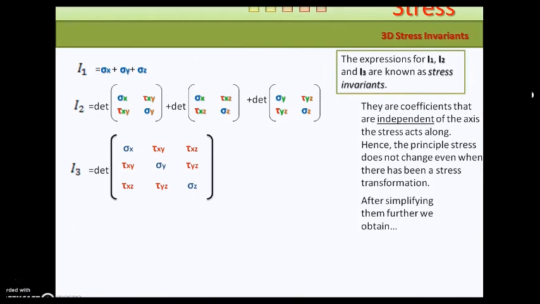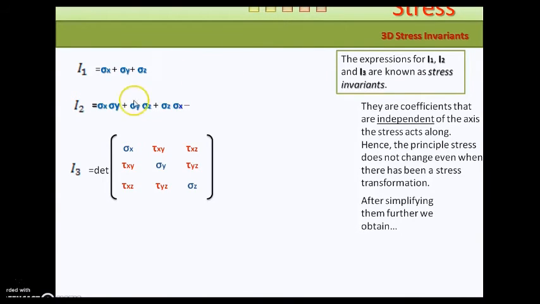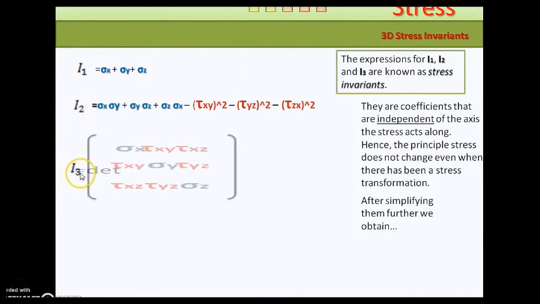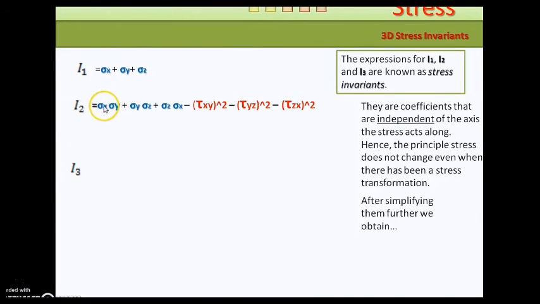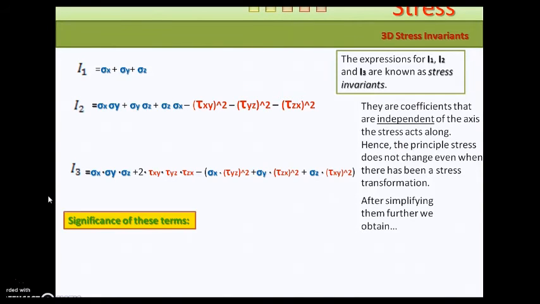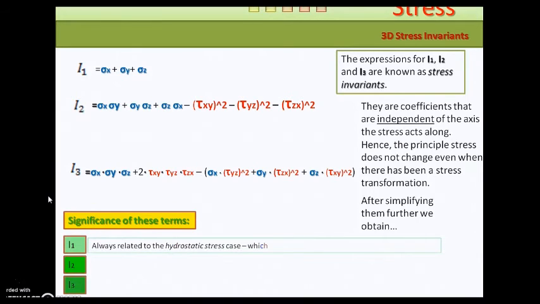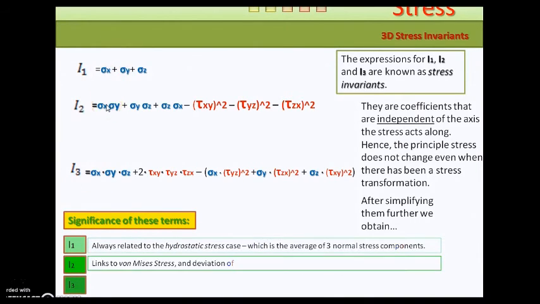We can simplify the expressions for I2 and I3 and actually find the determinants, and we can obtain the following equations. For further details on the implications of these stress invariants, I recommend you check out this link here.